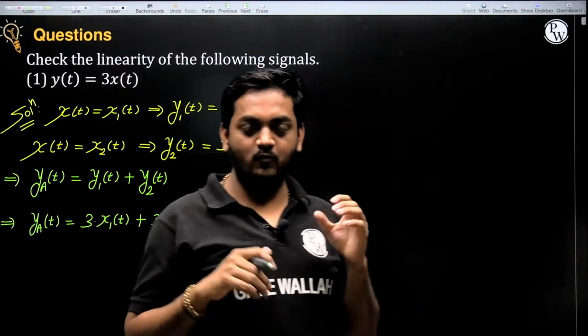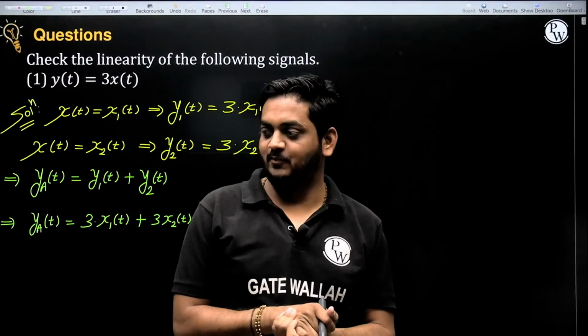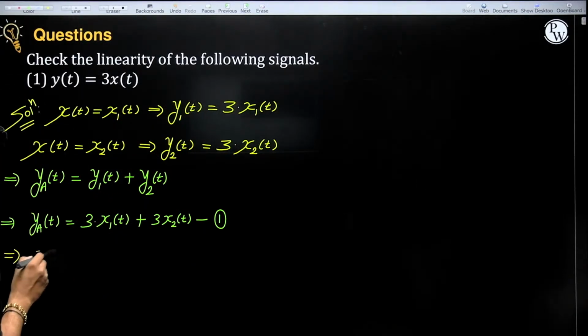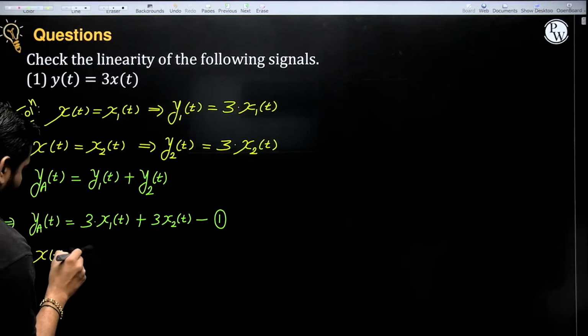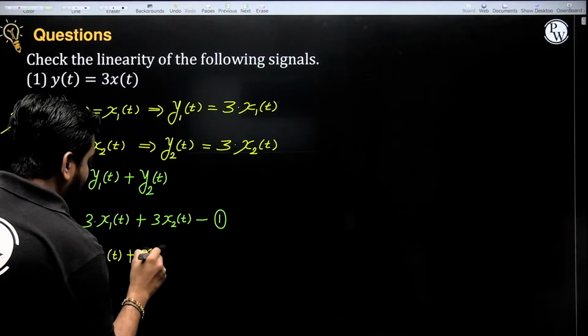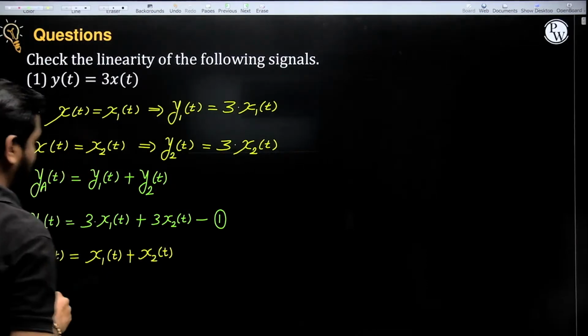Okay. So now find the response due to combined input. So replace x of t with x1 of t plus x2 of t.